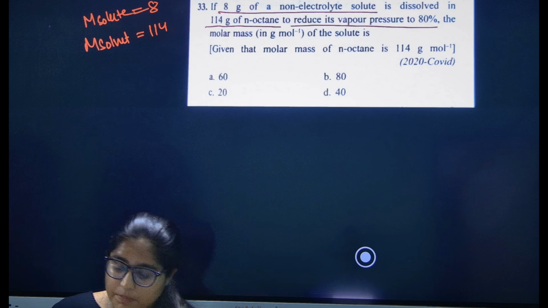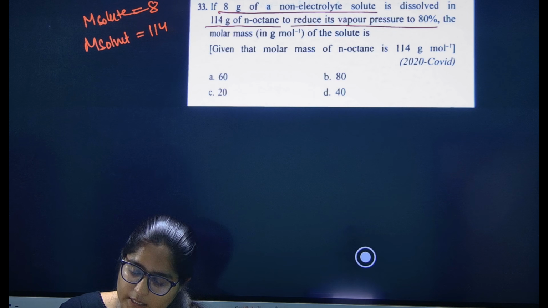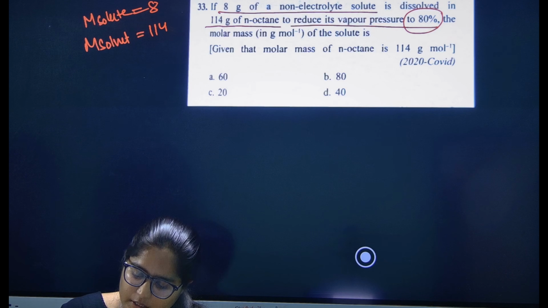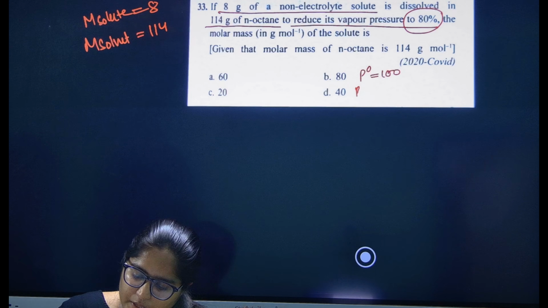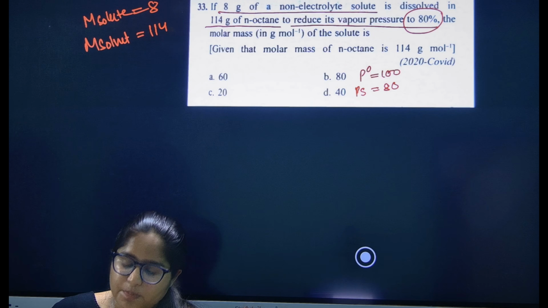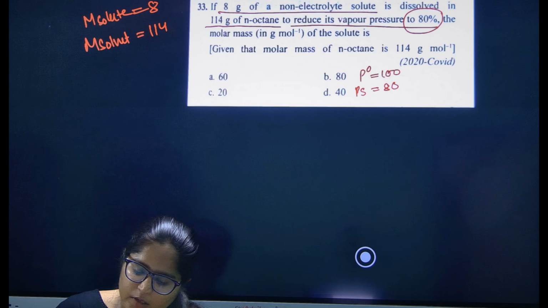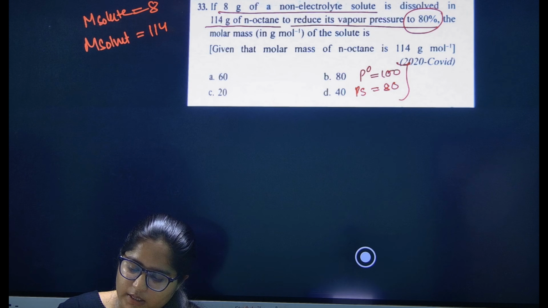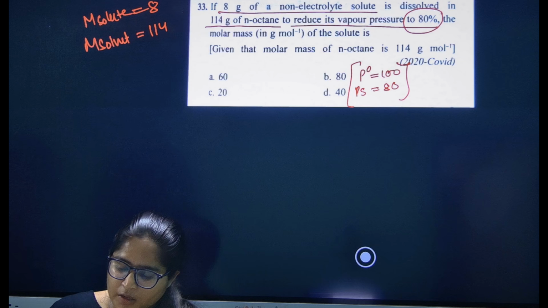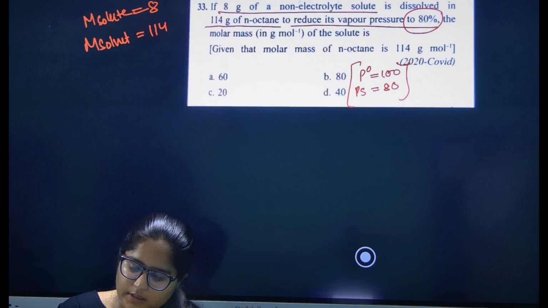It means that initially if P naught was 100, Ps has become 80. Are you getting my point? There is a difference between reduced to and reduced by. So Ps has become 80. These two points are clear. So it is reduced to, finally it is 80. The molar mass they are asking. So let us find out.